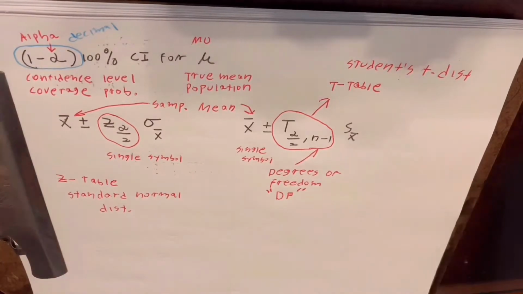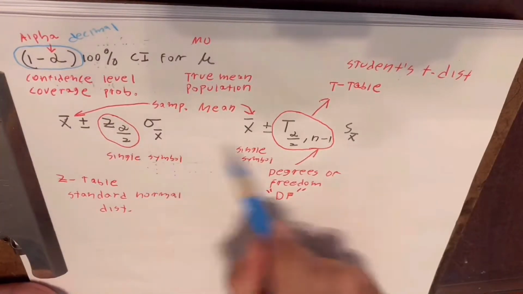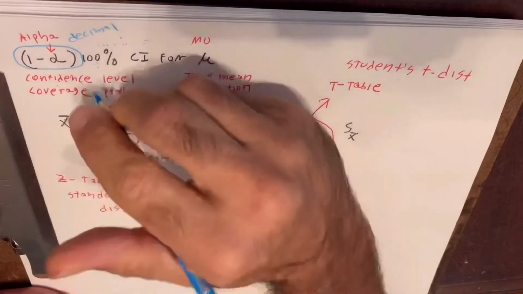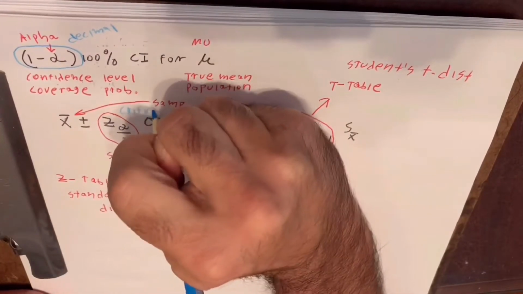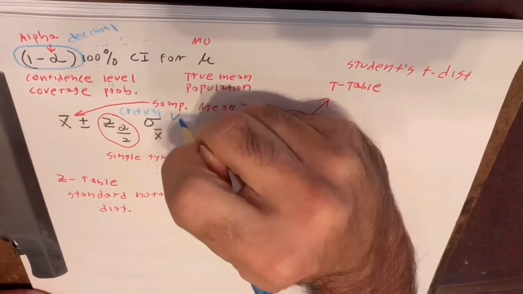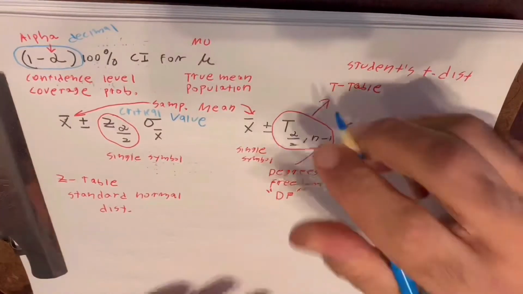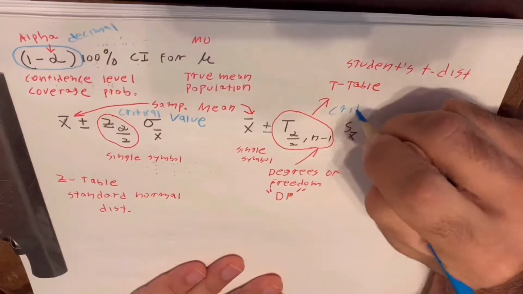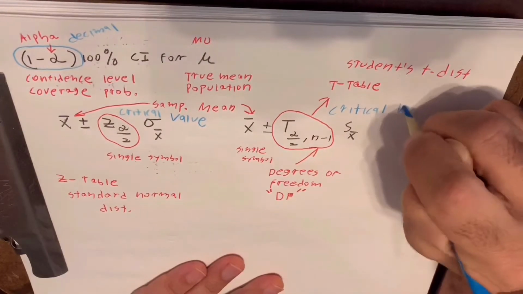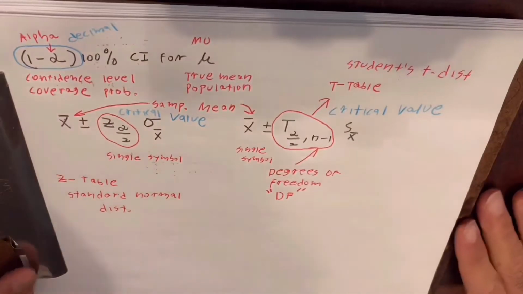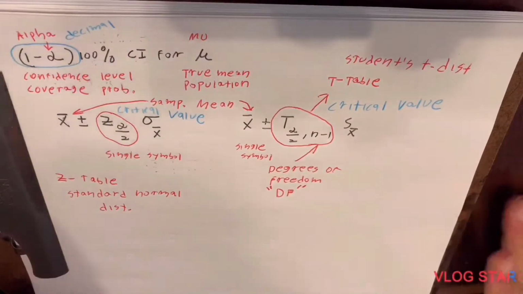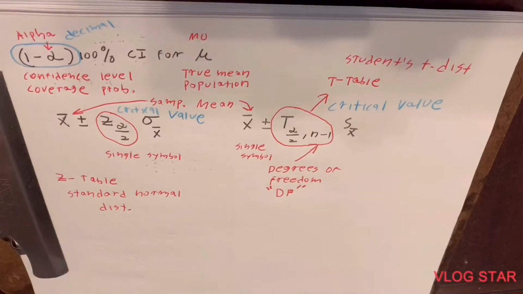Now, some people will call this z value and this t value, we will call this a critical value. A critical value is actually a little bit of a fancy term for a percentile.